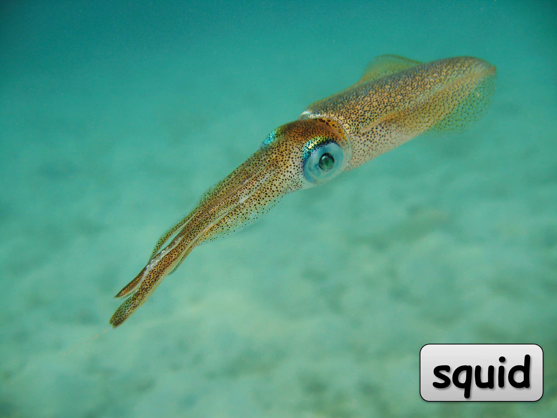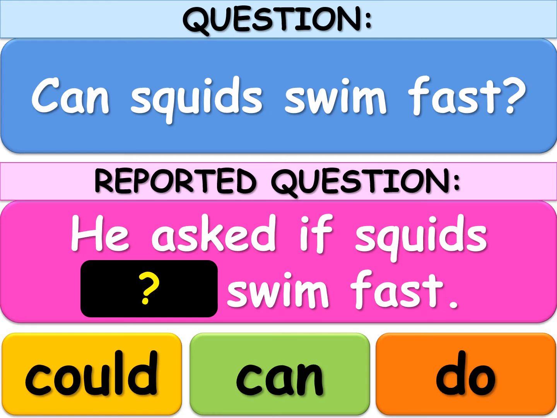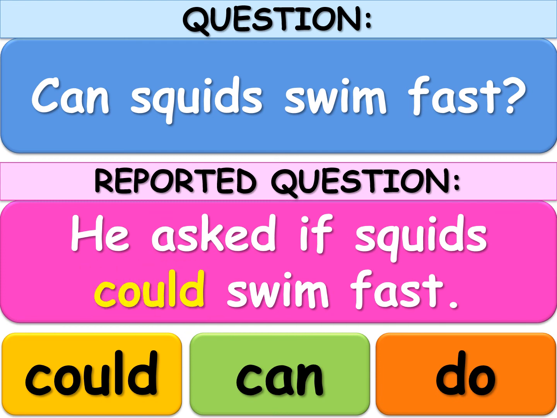Here's one about squid. Can squids swim fast? The reported question: He asked if squids could, can, or do swim fast. The right answer is could. Can will turn into could. Don't forget to move the tense back.